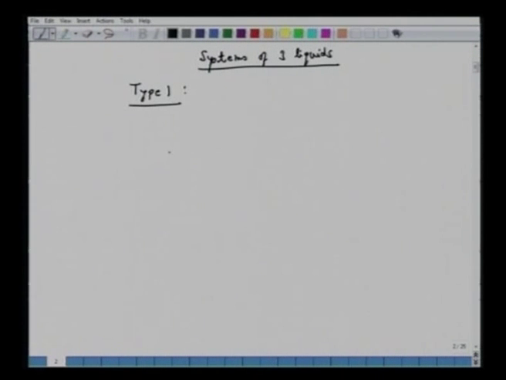We call it type 1, where one pair is partially soluble. Then we will discuss a different system called type 2, in which we have 2 pairs partially soluble.